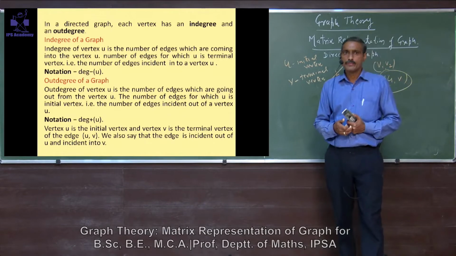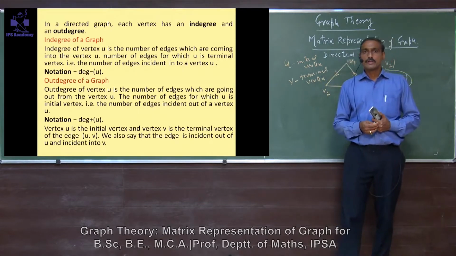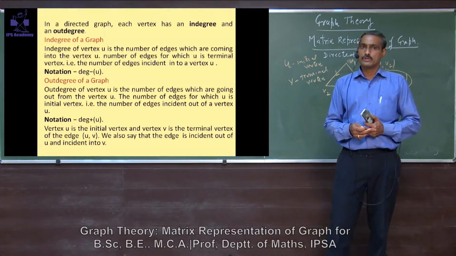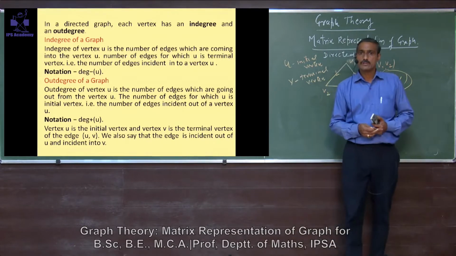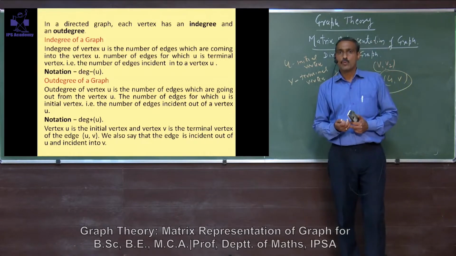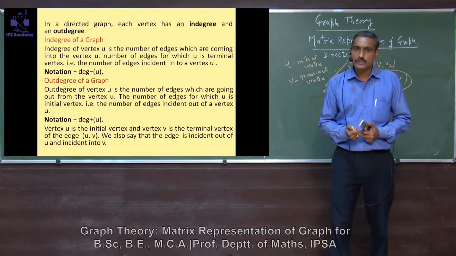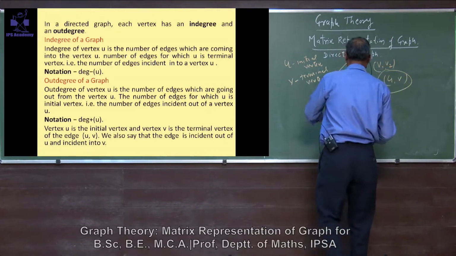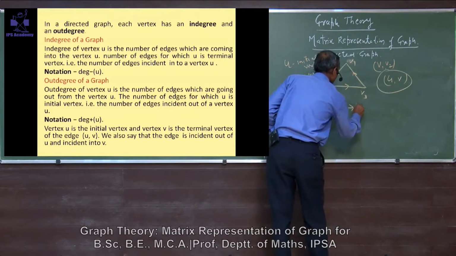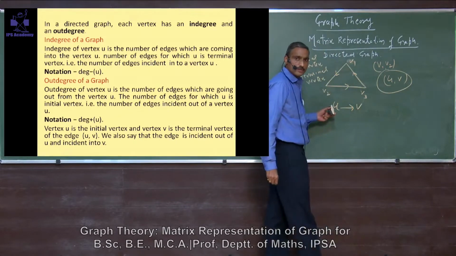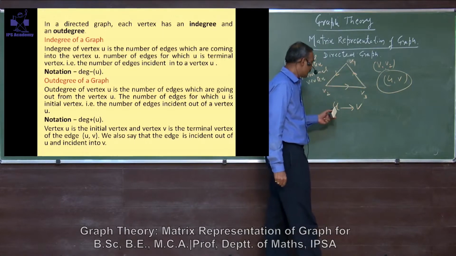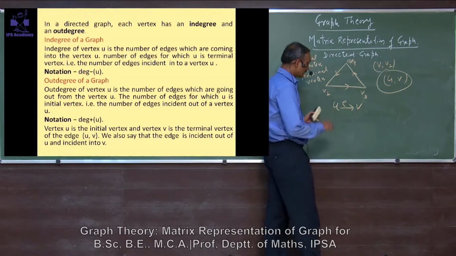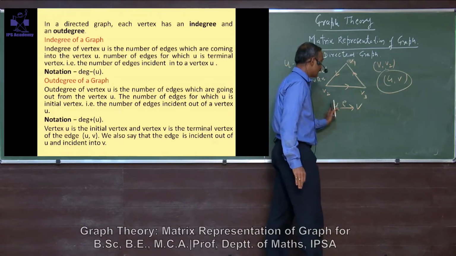So what is the in-degree? The in-degree of a vertex U is the number of edges coming into vertex U. That means the number of edges for which U is a terminal vertex, that is, the number of edges incident to vertex U. Suppose we define an ordered pair here, this is U to V. In this case, U is the initial vertex for the edge e, that means e is incident out from U.